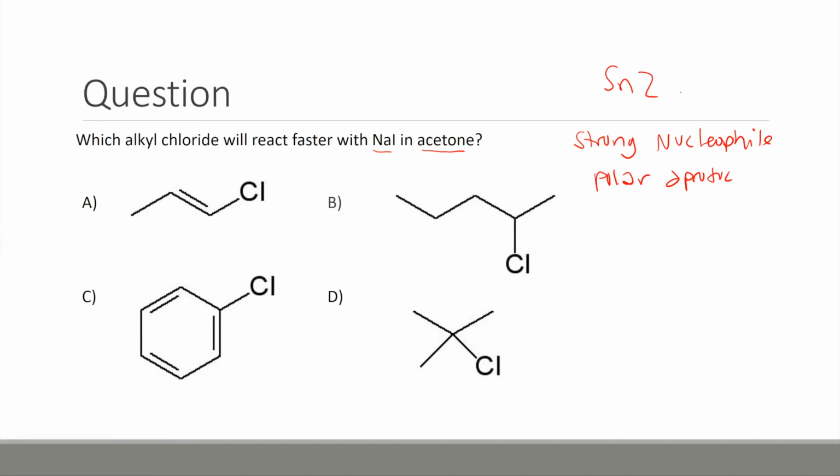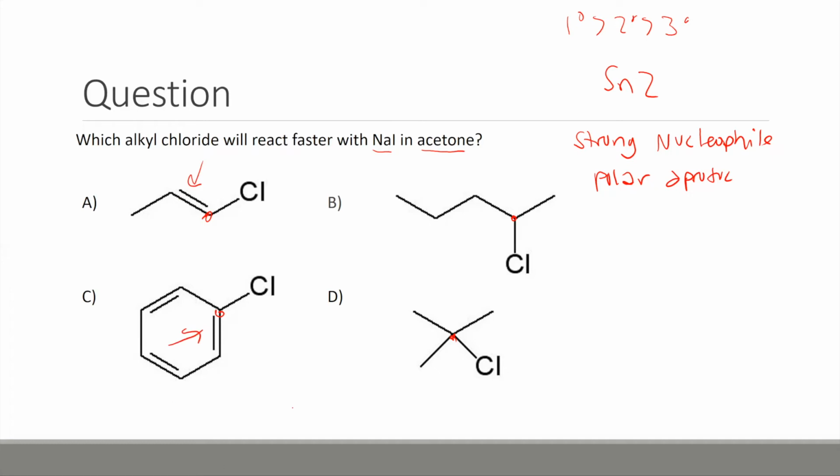Now, when I look at these, again, we're going to think about our primary is better than secondary, is better than tertiary. But when I look at the carbons attached to the chlorine, another thing I notice is that these have double bonds.